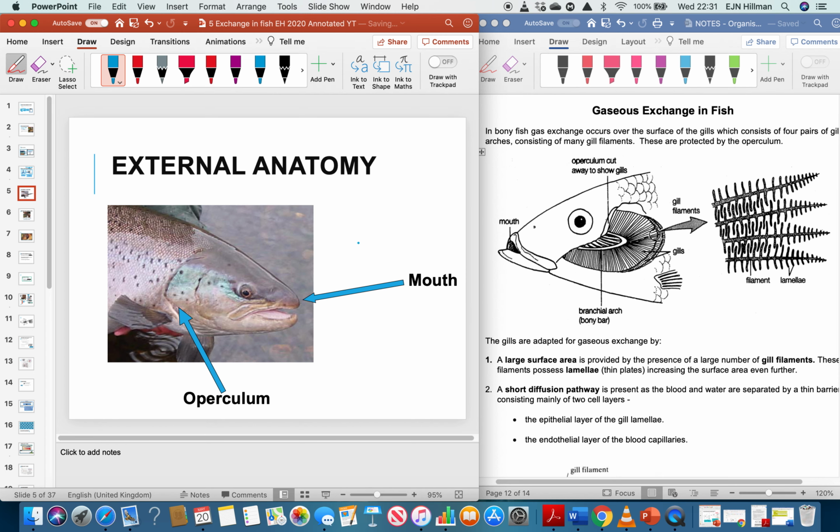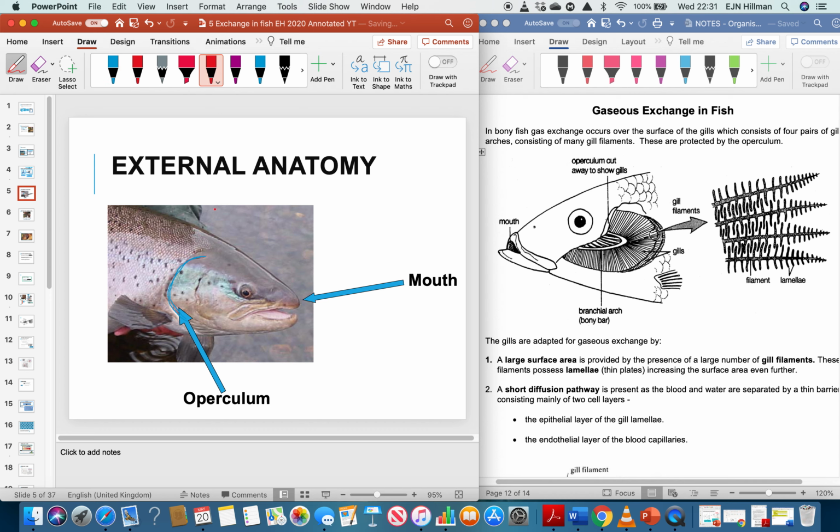Okay, so the external anatomy of a fish then. Here's the mouth. So the water moves into the mouth. I'll explain in a little bit more detail shortly about how that happens, and then passes over the gills and then out through this slit here, which is called the operculum.